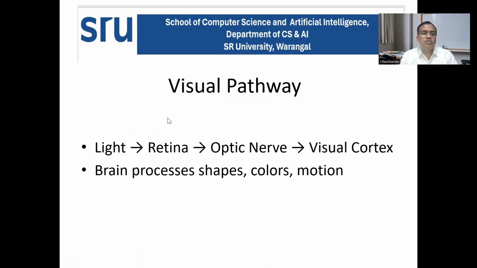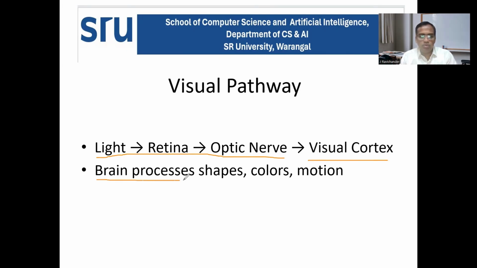So coming to the visual pathway. Usually we visualize things through our eyes. We can see the world with the eyes. Light falls on the retina, then goes to the optic nerve, then the visual cortex.